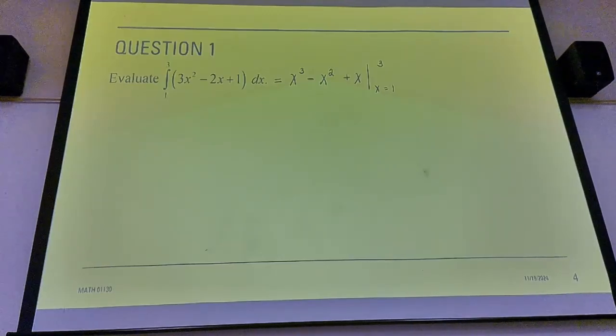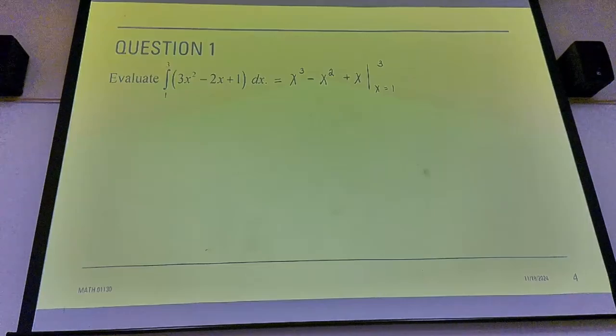Two ways. You could plug in 3 for everything, get a value, 1 for everything, get a value, subtract the two. Or remember that integration is linear. So what I typically do is I just evaluate it term by term.